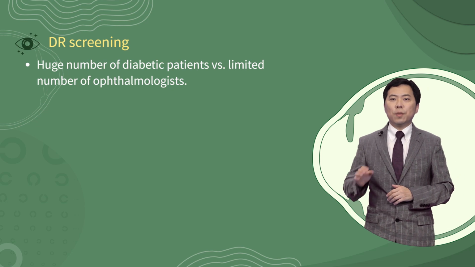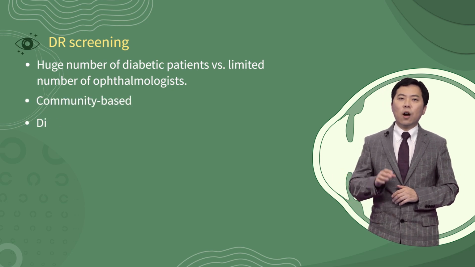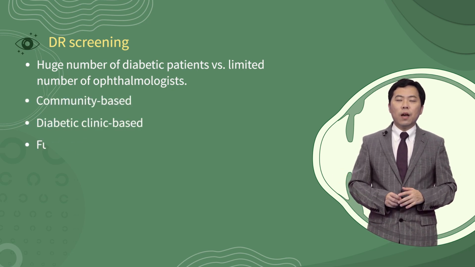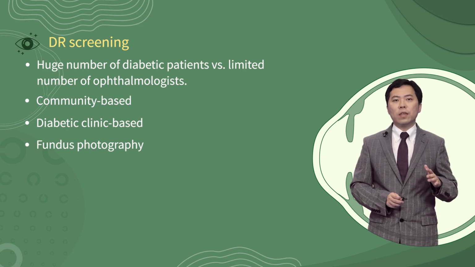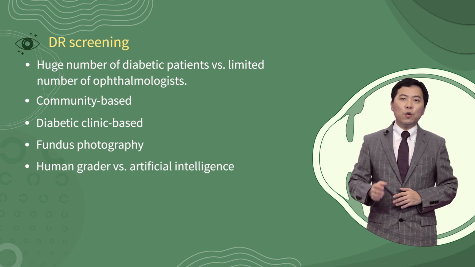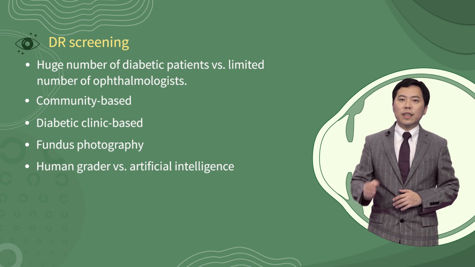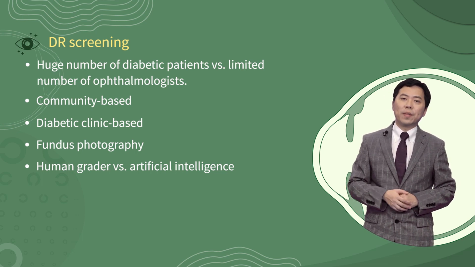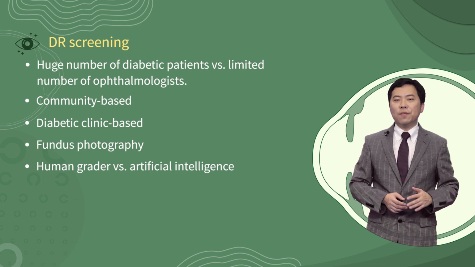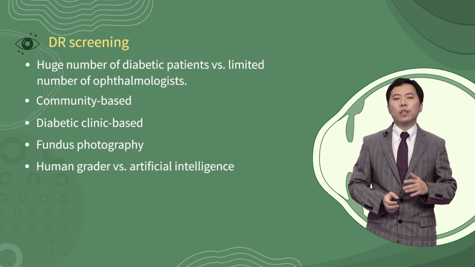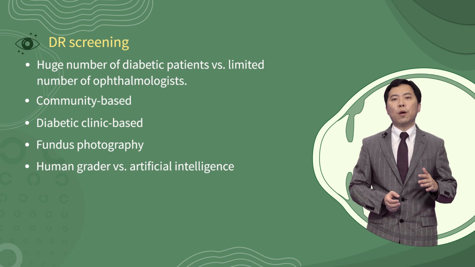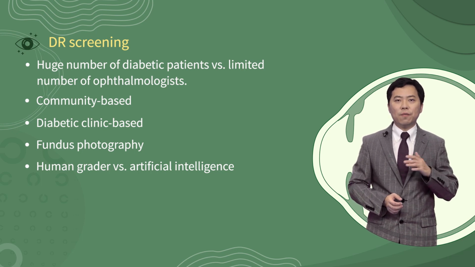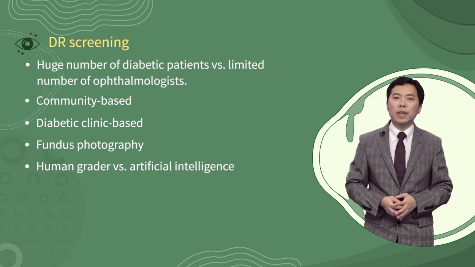The screening should be based in community or diabetes clinics. Fundus photography is performed. Trained human graders read the photos and decide on referral to an ophthalmologist or follow-up. Recently, artificial intelligence is used in diabetic retinopathy screening programs to save human effort in image reading.